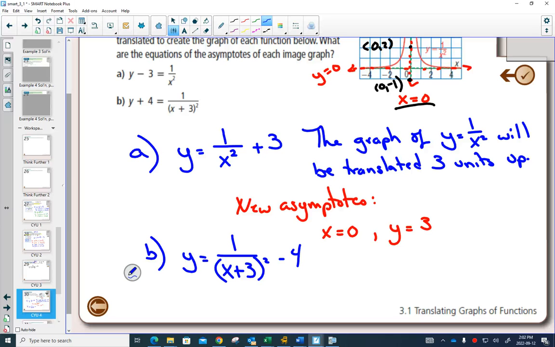Now I have an x plus 3 squared on the bottom. The original equation didn't have anything after. Now I have a minus 4. So if I was describing this, this graph of y equals 1 over x squared will be translated.